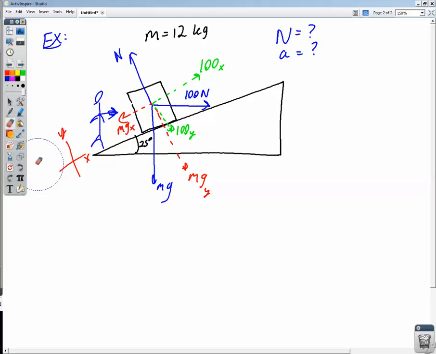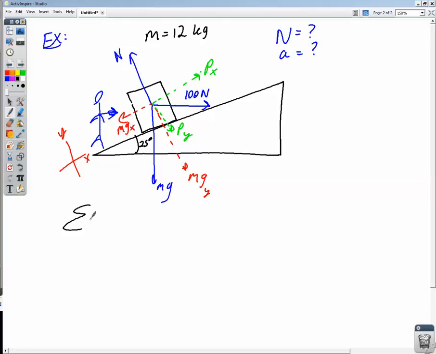That could get confusing, so let's change that. We're going to call them px and py, standing for the push. So this guy would be px, and this guy would be py. I like that better.